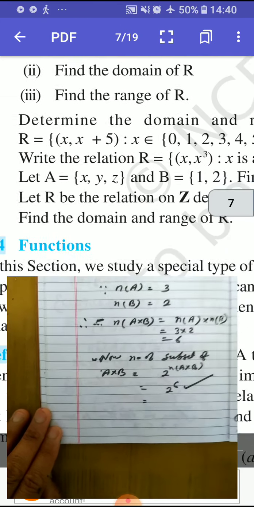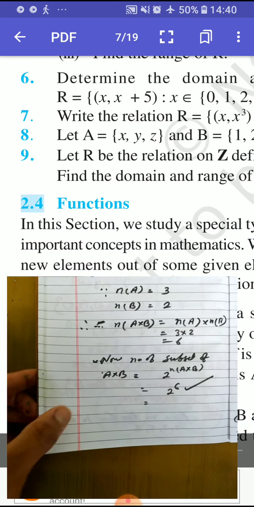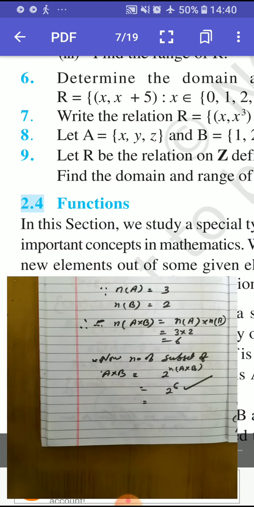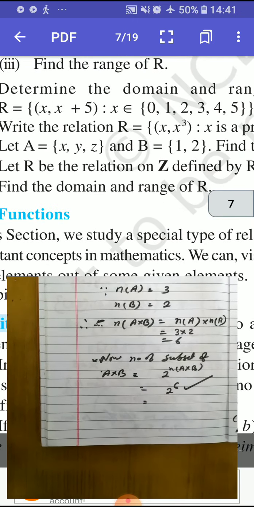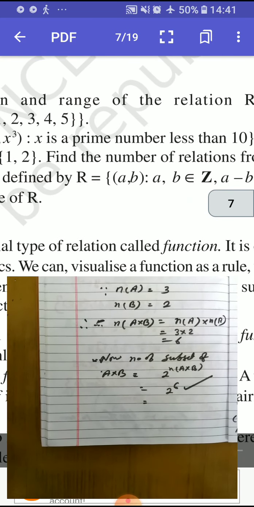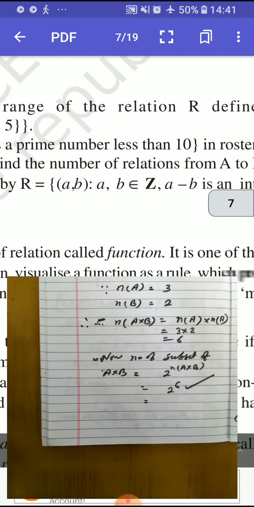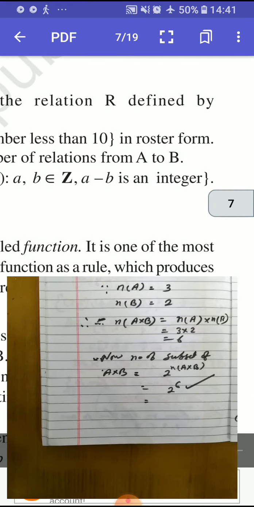Okay. Now come to the last question, question number 9. Let R be a relation on Z defined by R = {(a, b) : a, b belong to Z, a minus b is an integer}.